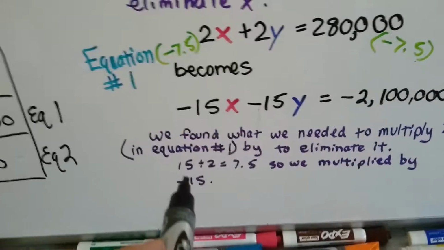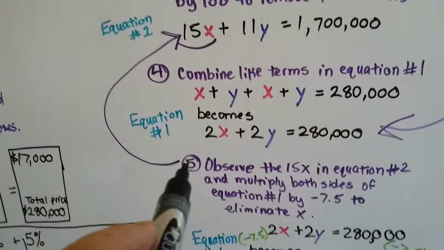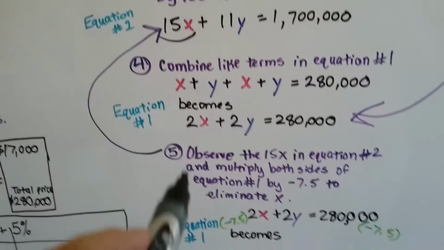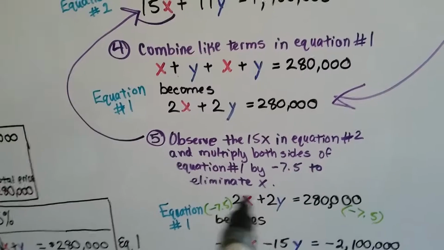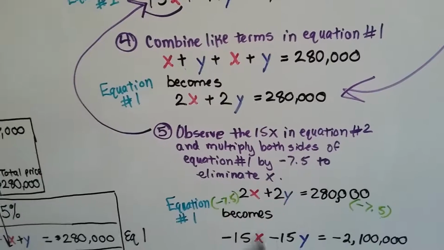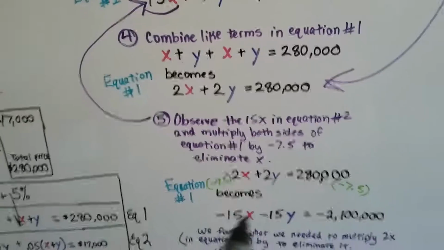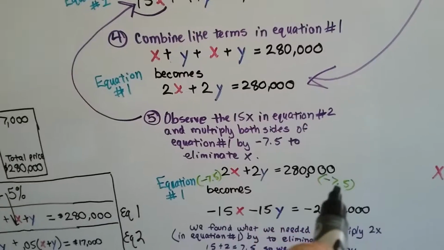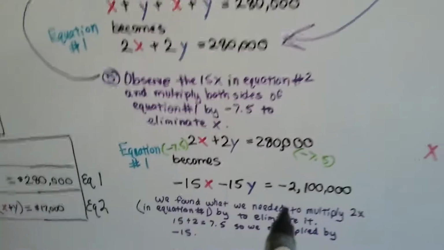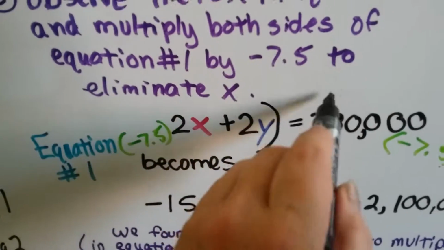So if we multiply by negative 7.5 on each side of equation 1, that's going to turn that into a negative 15x. See? And then that's going to turn the 280,000, because it needs to be multiplied by 7.5. What you do for one side of the equation, you have to do for the other side.